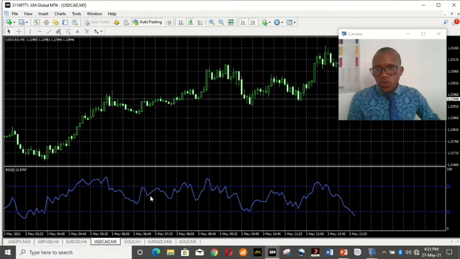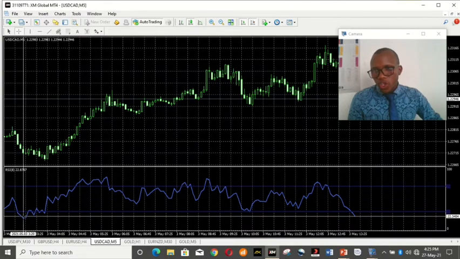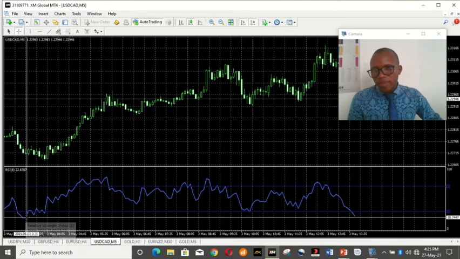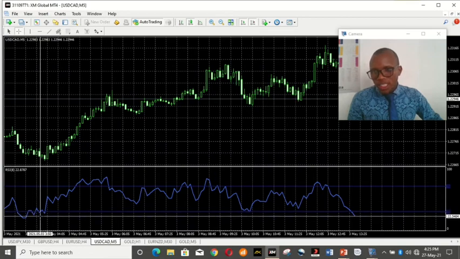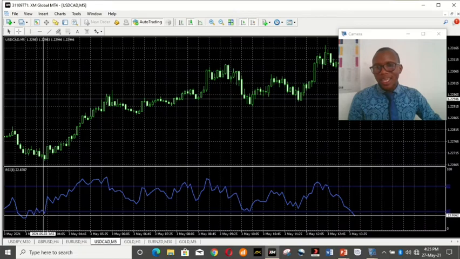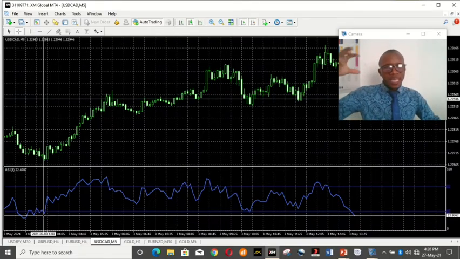And here you can buy after the market crosses this line and it shows that the trend is going up. But if you buy when you see the market here at this level, you will lose a lot of money because the market will create more lower lows, and your market is becoming red.